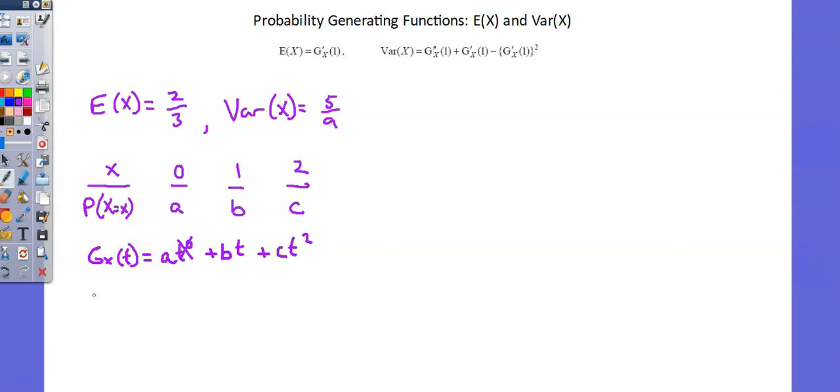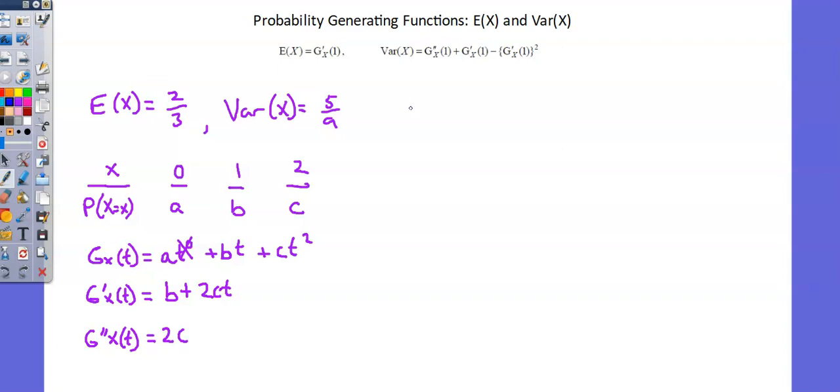I need my derivatives, first and second derivative of the probability generating function. So first derivative, the A will drop off because it's a constant. B times t will become B, and C times t squared will become 2Ct. Then the second derivative, B will drop off because it's a constant in the first derivative, and we're left with 2C.